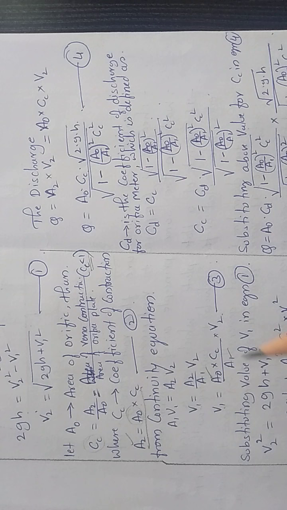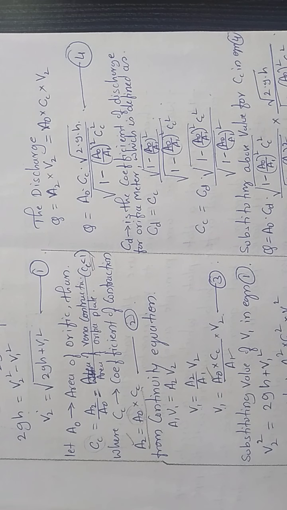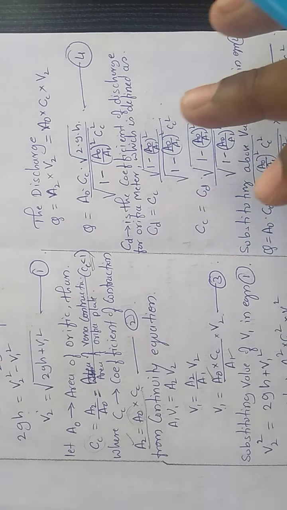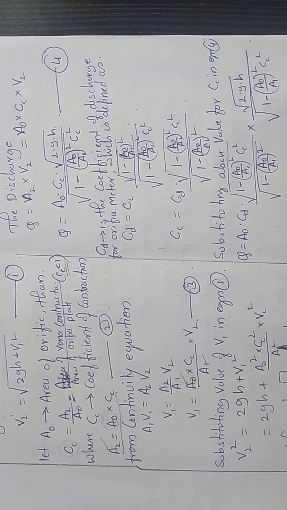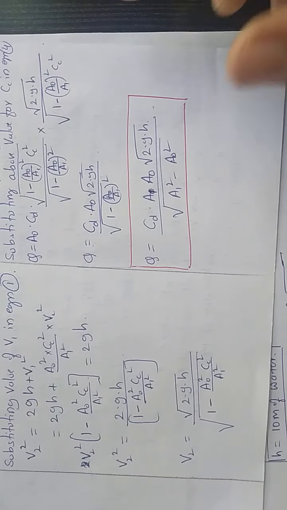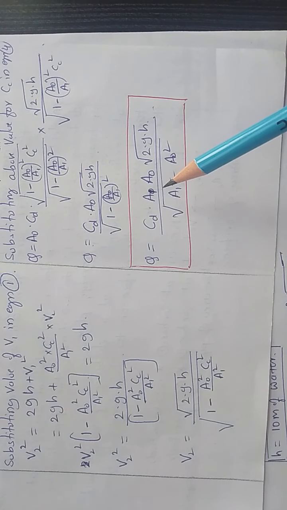If I express this in terms of the area of the vena contracta, then it is difficult to measure that cross section. That's why we are doing all this derivation, to get the expression in terms of the area of the pipe and the area of the orifice.